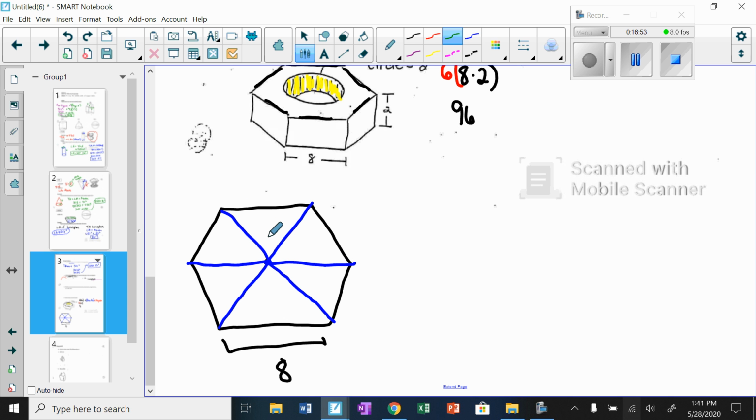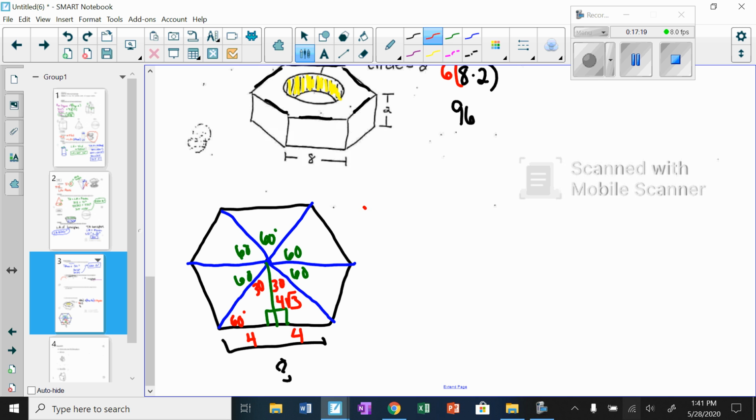And that means each central angle is going to be 360 divided by 6, which is 60, 60, 60, 60. We're going to drop down that altitude. When we drop down that altitude, that 8 will get split into 2 4s, and we have a 30, 60, 90. So the apothem will be 4 root 3.